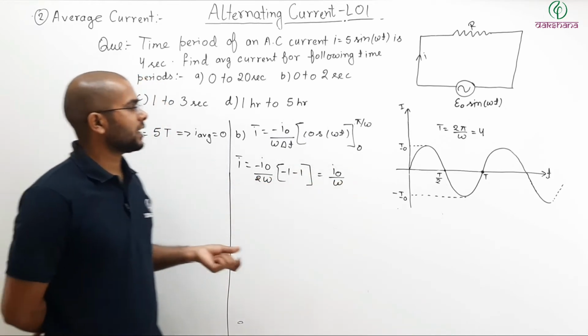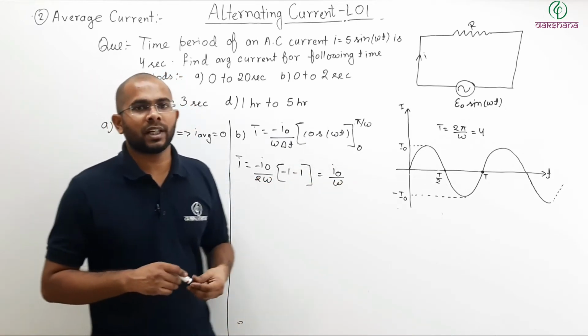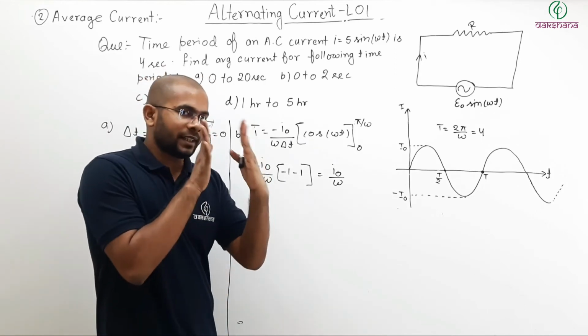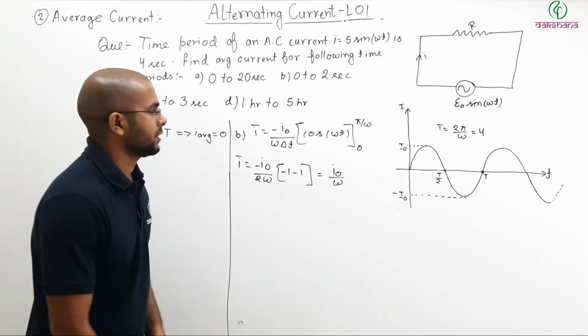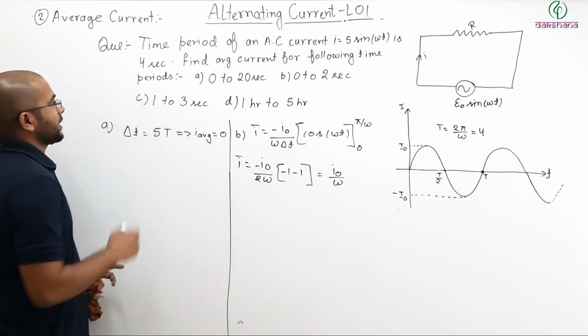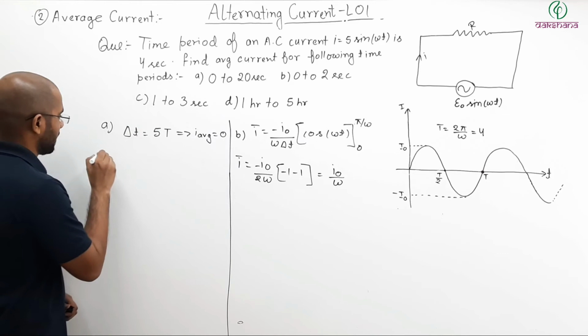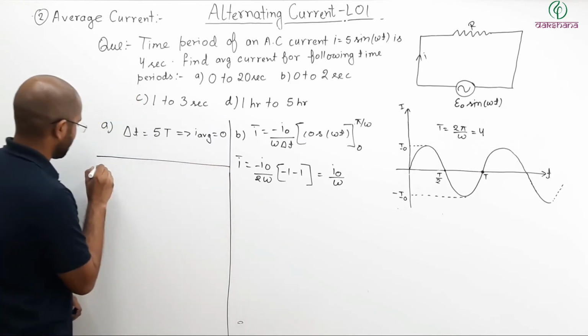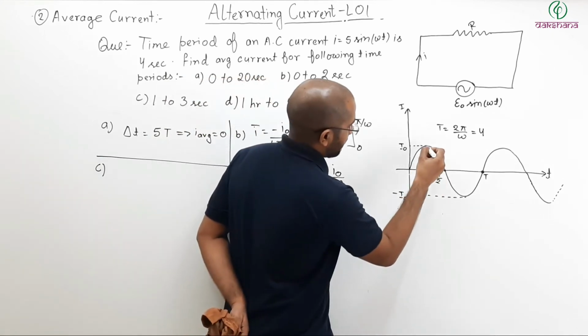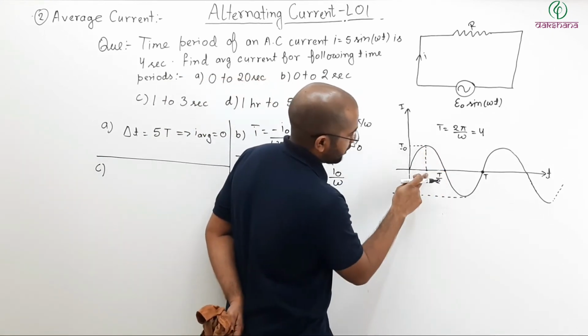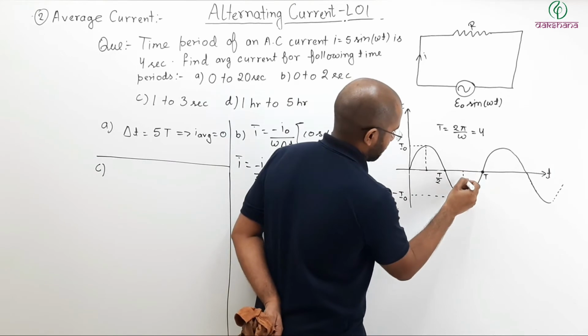So if you see here, for every different delta t, your average current is different. Okay. Let us talk about the third case, from 1 to 3 second. In this graph, that is 1 second, 2 second, 3 second.